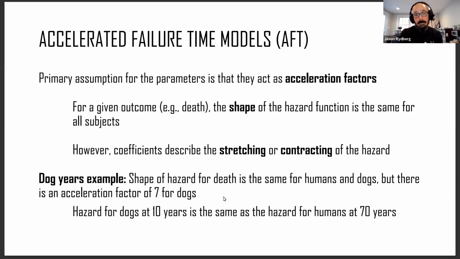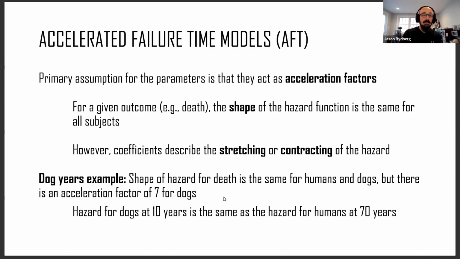So what does the hazard look like for dogs, right? For dogs, it's not differently shaped. Like little puppies, the risk is generally higher than if they survive beyond the first week, for instance. The hazard declines, and then it goes up and up depending on old age.